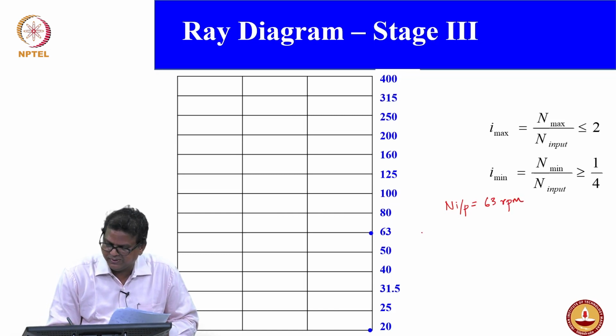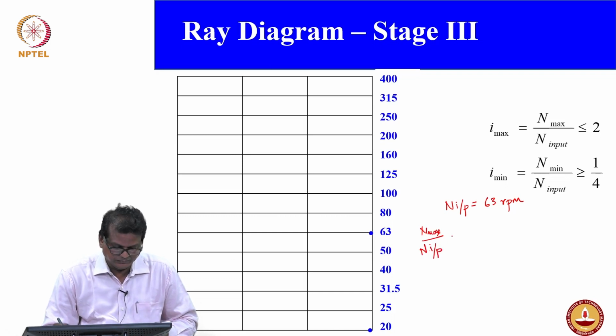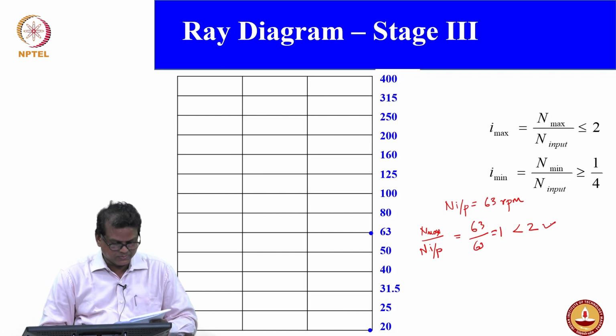So obviously n max over n input, sorry, it should be n input. 63 over 63 equals 1, which is less than 2, satisfying. That's one thing.